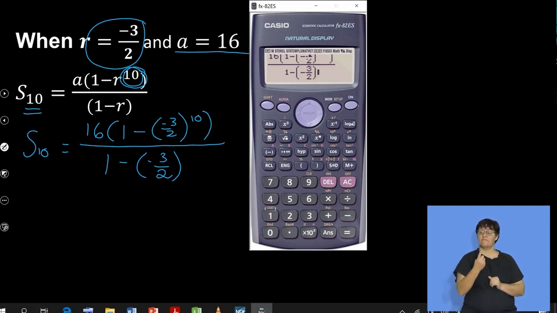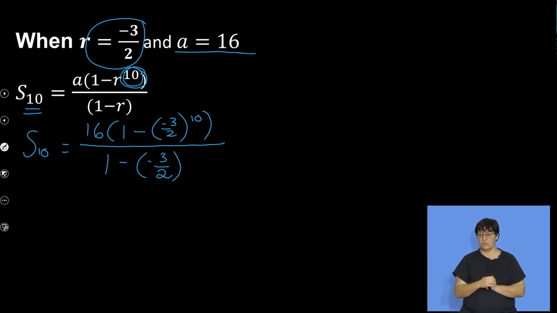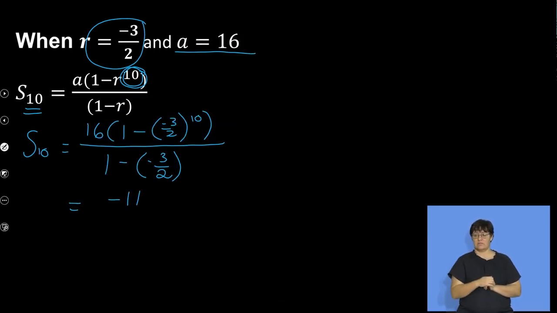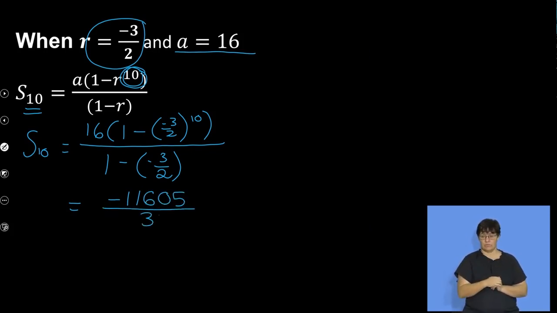So the sum of the first 10 terms when r is equal to negative 3 over 2 is negative 605 over 32. So this is the first sum of the first 10 terms.